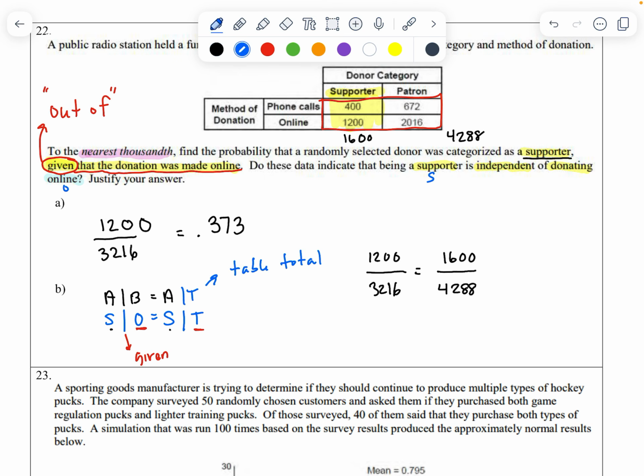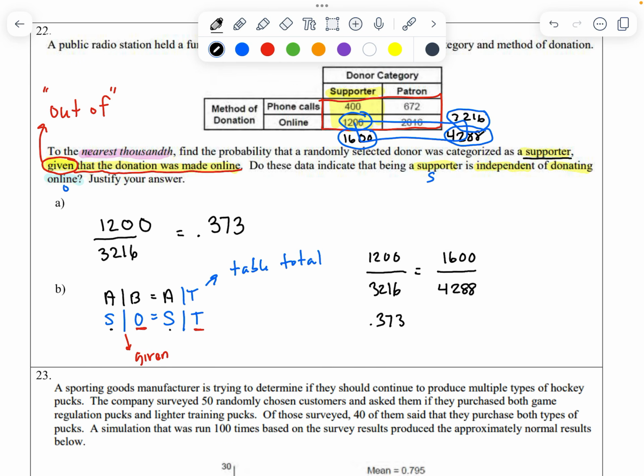Now, if I really wanted to check, let's circle the 4 numbers. I did 1,600, 4288, 1,200, and I also did this number over here, which was 3216. I used 4 different numbers, and they created a box, so that's good to go. Now let's check the left side and the right side.